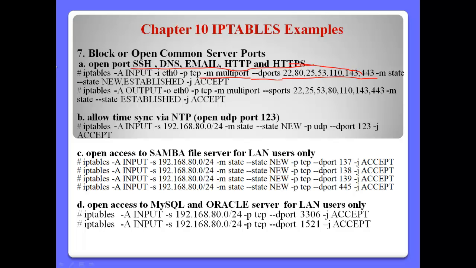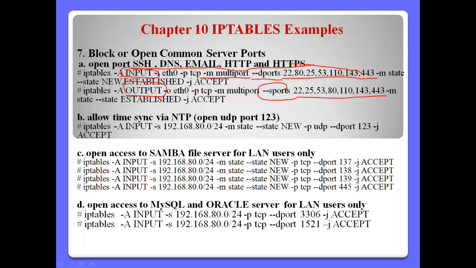Also, we already opened these ports for the input chain, but the output chain must also be open. In this case, the source ports will be like this: 22, 25, 53, 80, 110, 143, and 443.